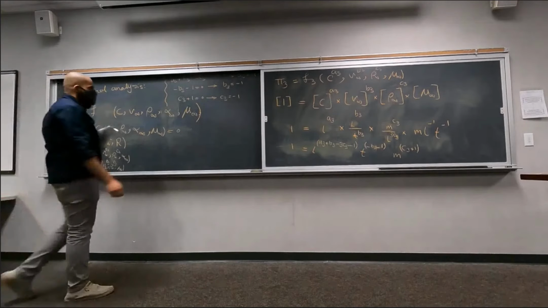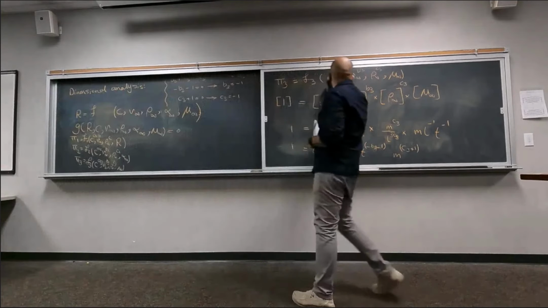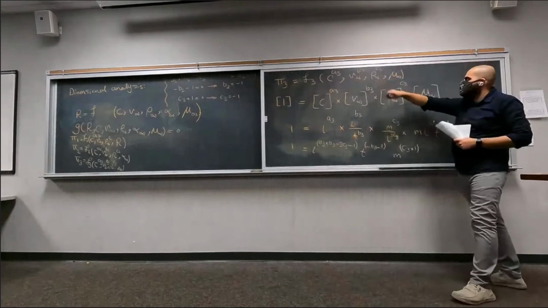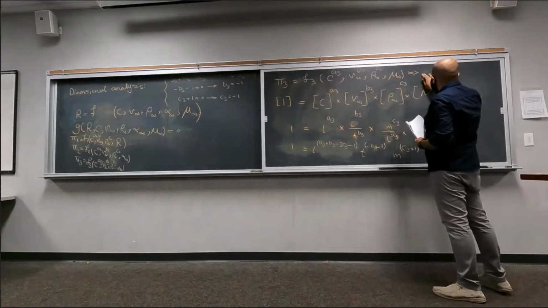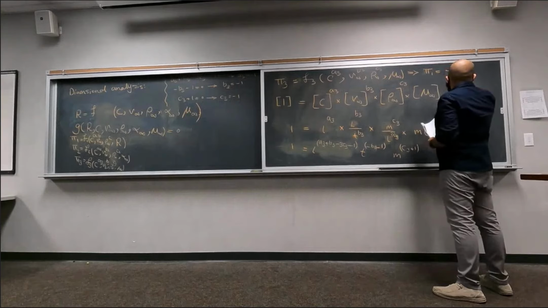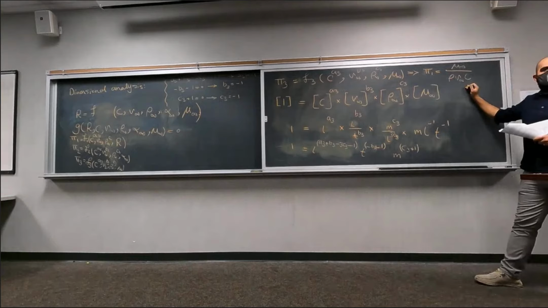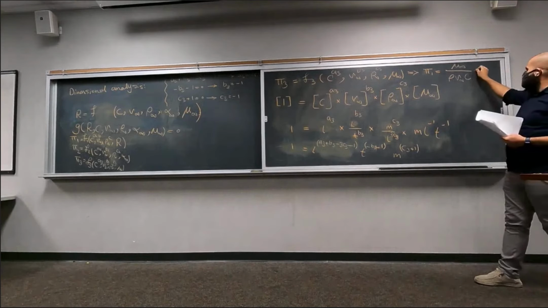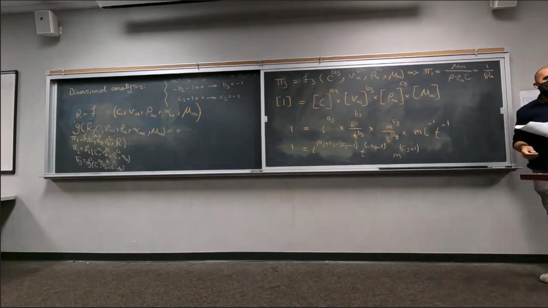Yes? Okay. So pi 1 was supposed to be a function of C, V infinity to the power B, and rho infinity. So your pi 1 is going to be equal to mu infinity over rho V infinity C. What does this remind you of? Reynolds number. What, the inverse of Reynolds number? 1 over Reynolds.